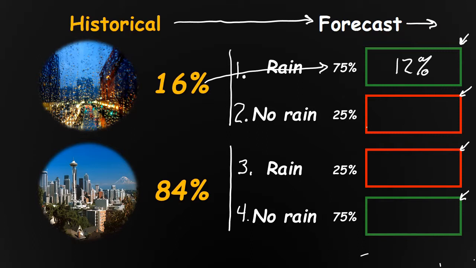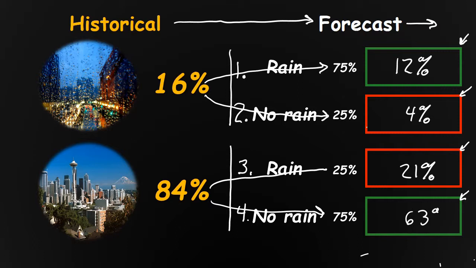The second case is 16% times 25%, which equals about 4%. 84% times 25% equals 21%, and 84% times 75% equals 63%.